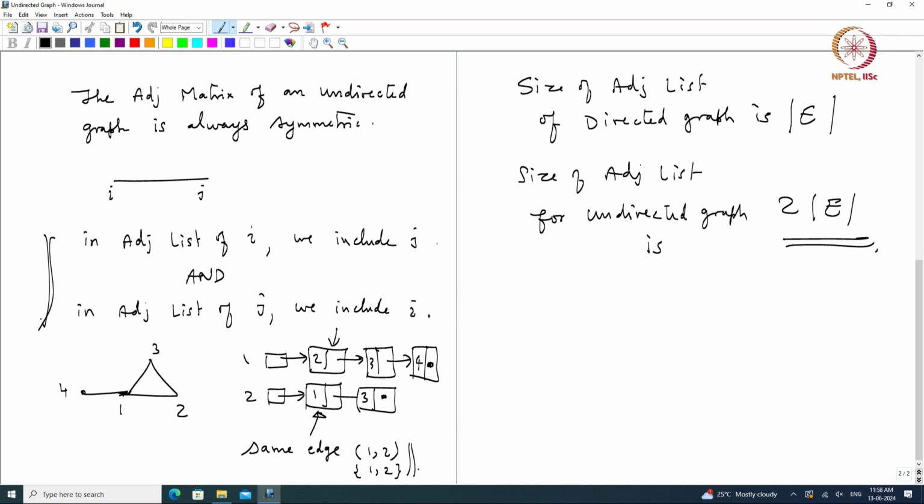In the adjacency list of i we include j, and in the adjacency list of j we include i, whenever ij is present.